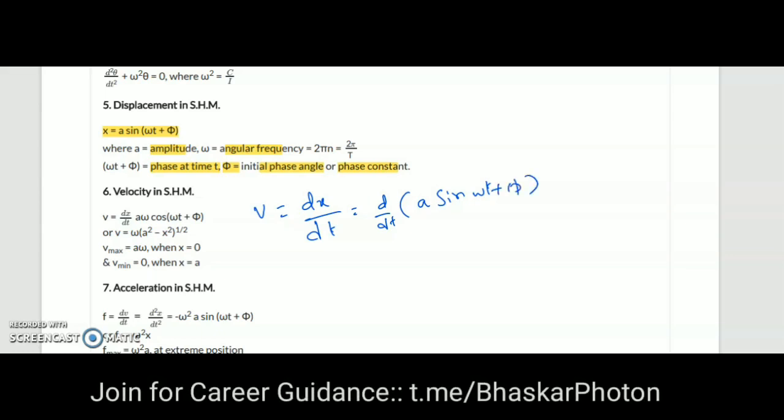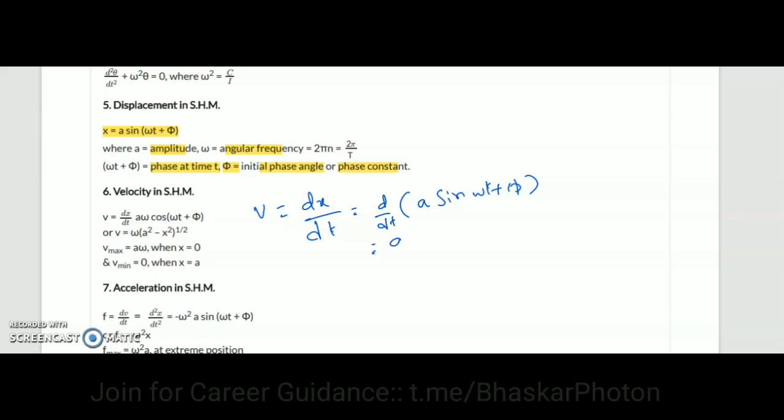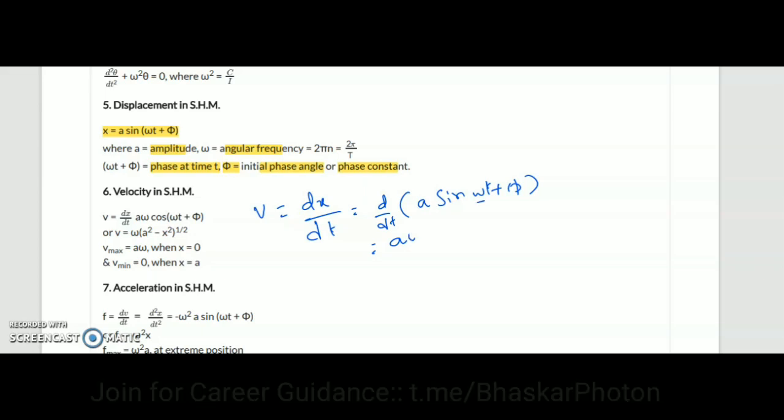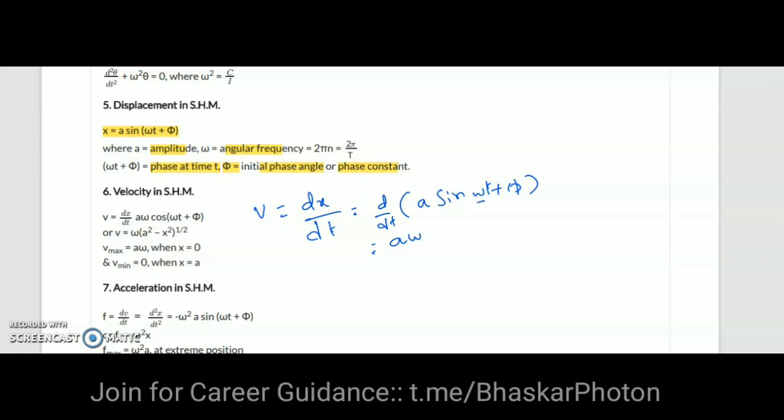If you do the differentiation, what you get? Omega comes out, and this is a omega cos omega t plus phi. So this is v.